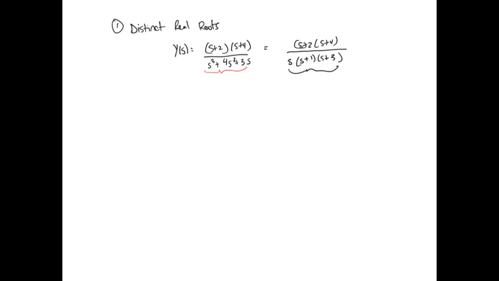From here, to do partial fraction expansion, we're saying that this expression can be expressed as a sum of individual fractions. So when you do partial fraction expansion, you're saying this is equal to some constant c1 over s, plus some other unknown constant c2 over s plus 1, plus some other constant c3 over s plus 3.